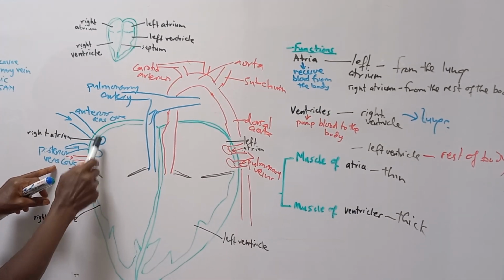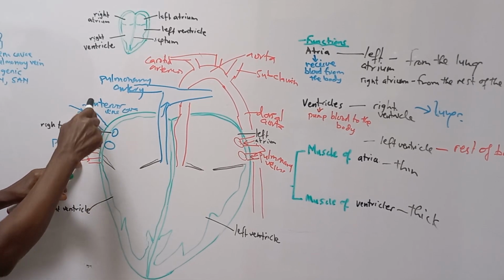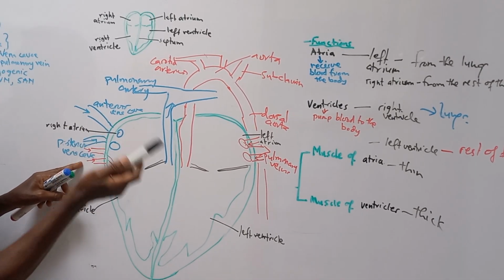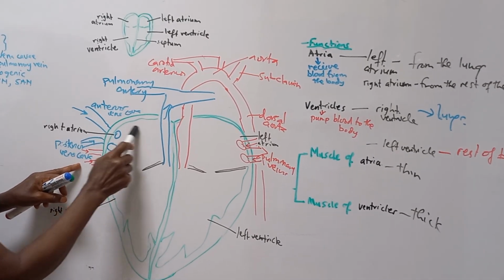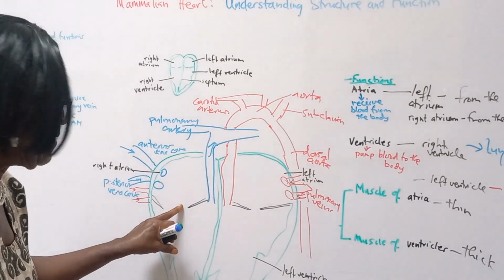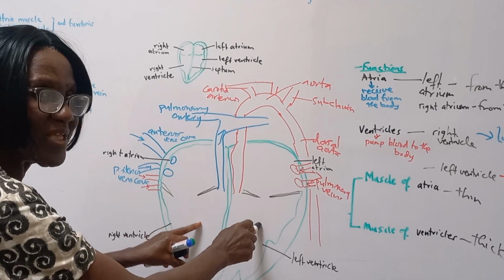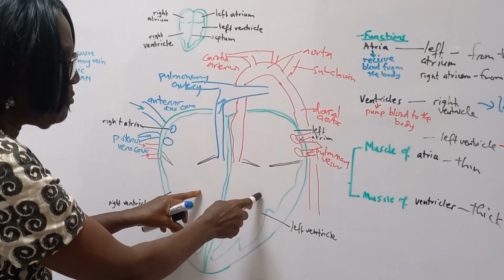The blood that comes into the right atrium, the vena cavae, has gone through the whole body, through capillary beds, and so low pressure. The main reason why the atria are thin is that the atria only pump blood into the ventricles, right?